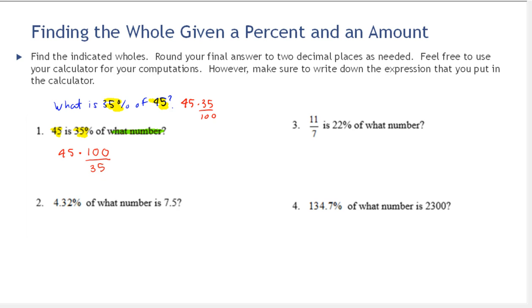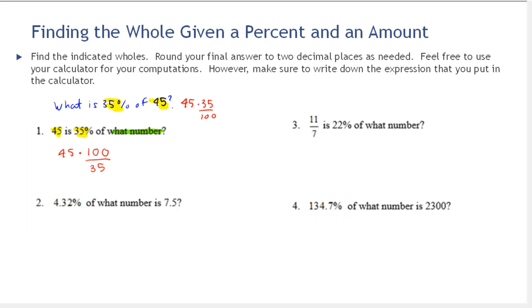The idea was, if 45 is 35%, dividing 45 by 35 gives us 1%. Multiply by 100, take 100 copies of 1%, gives us 100%. But notice structurally how they're different. 100 over 35 is the reciprocal of 35 hundredths. So very similar process, but you really have to look for these key indicators of the words.